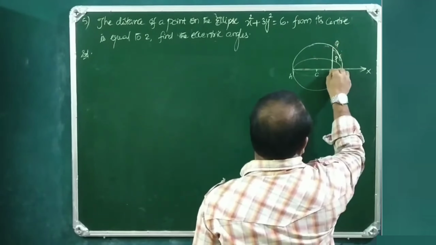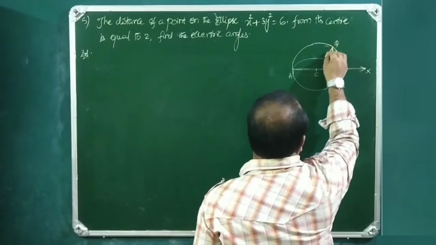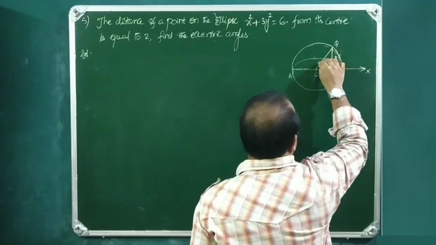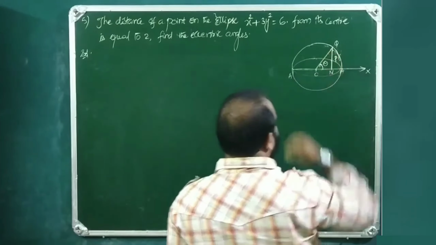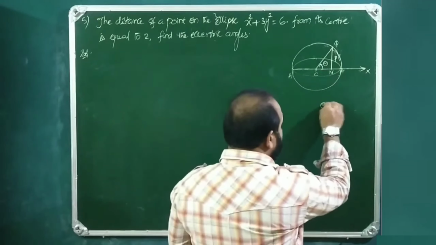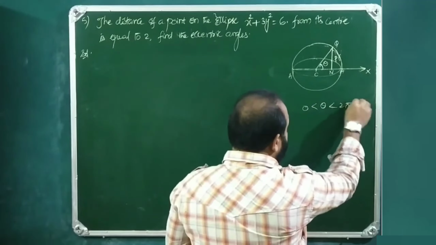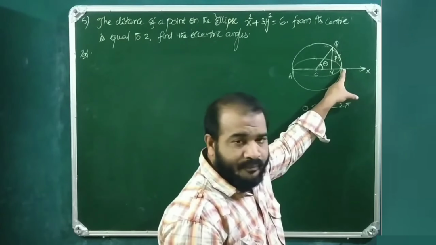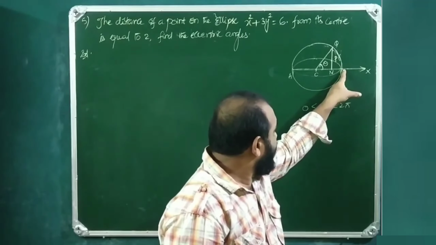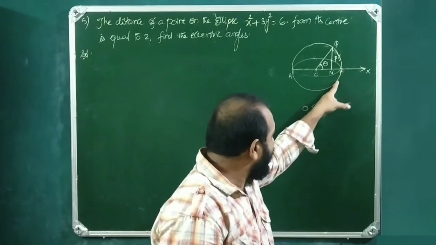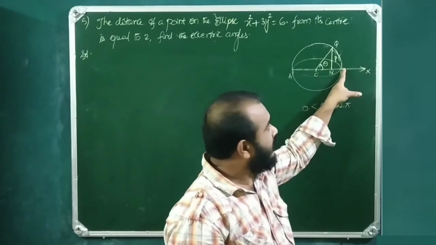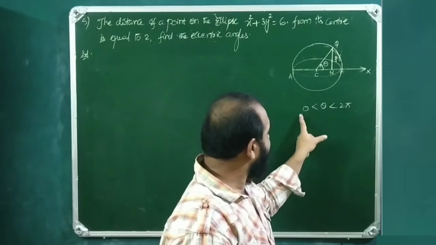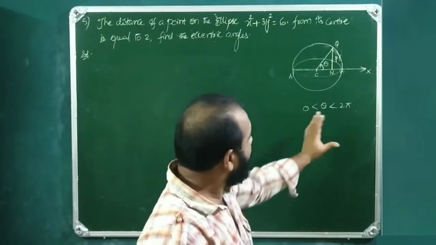This is Q, this is N. If you join them, then angle XCQ is the eccentric angle theta, and this theta lies between 0 and 2 pi. So if P starts from A and moves in an anti-clockwise direction and again reaches A, then this complete revolution is 360 degrees. Therefore, theta lies between 0 and 2 pi. So this is what we have discussed.